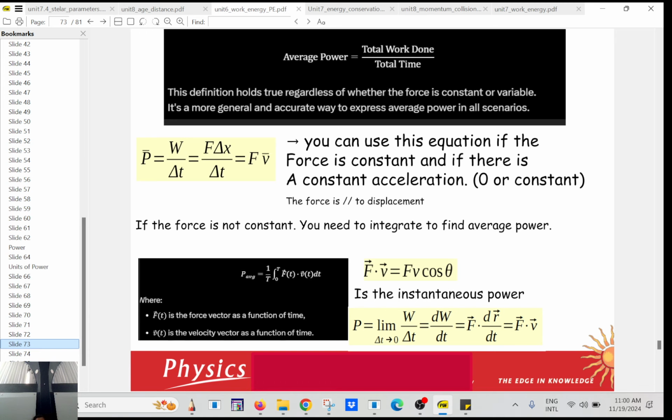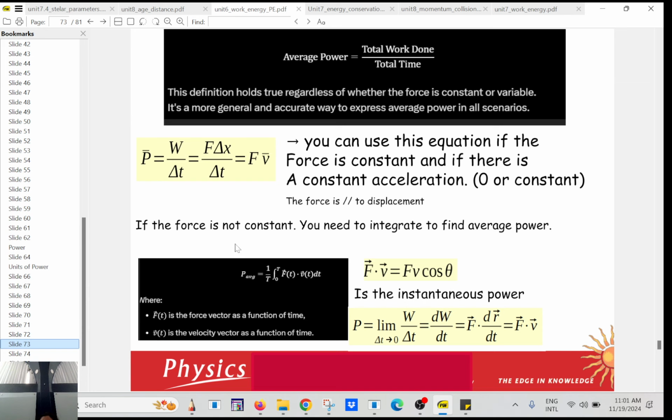Force times displacement. The force is parallel to the displacement, so you want to take the cosine, for example, and delta x over delta t, that will be the definition of the average velocity. Very good. So that will be a very convenient equation. I think it's part of your equation sheet. That's one useful equation that you will need for the test.